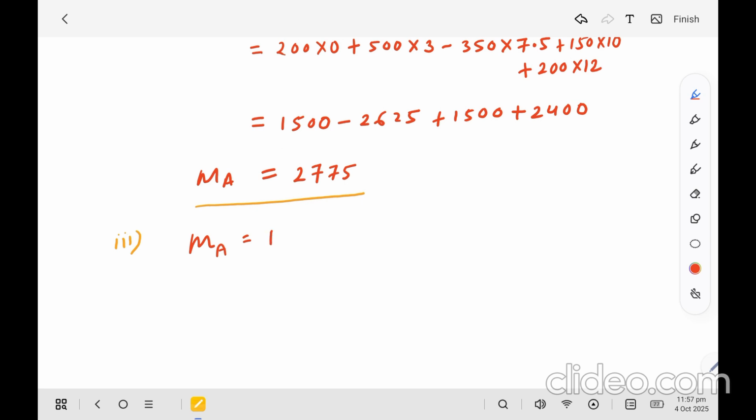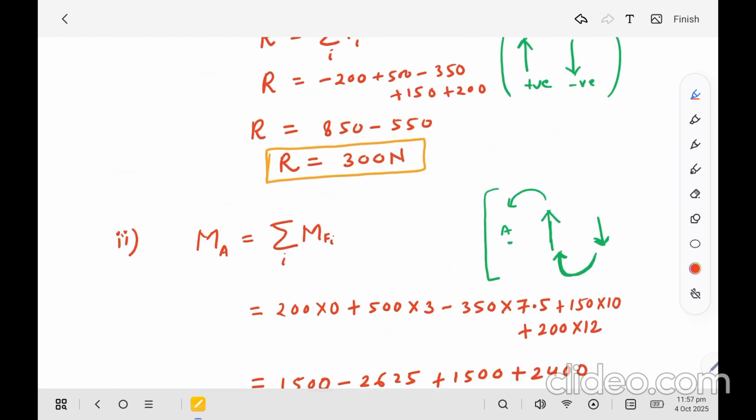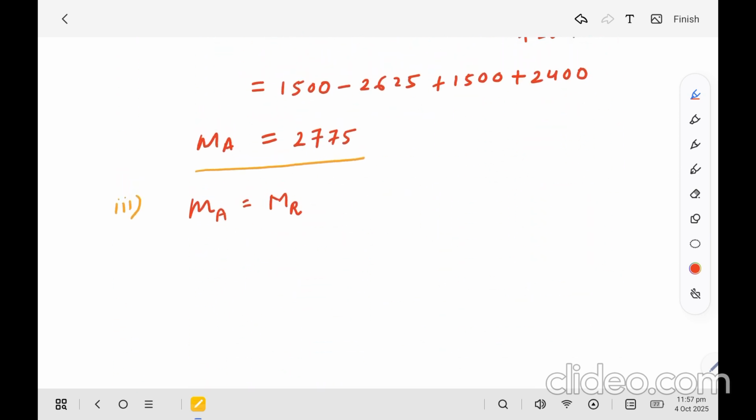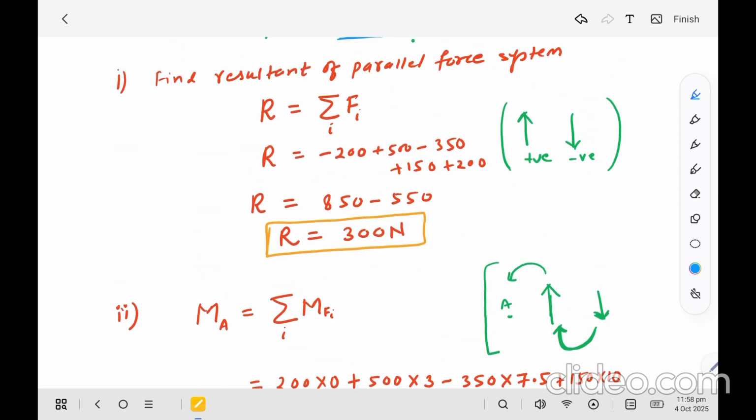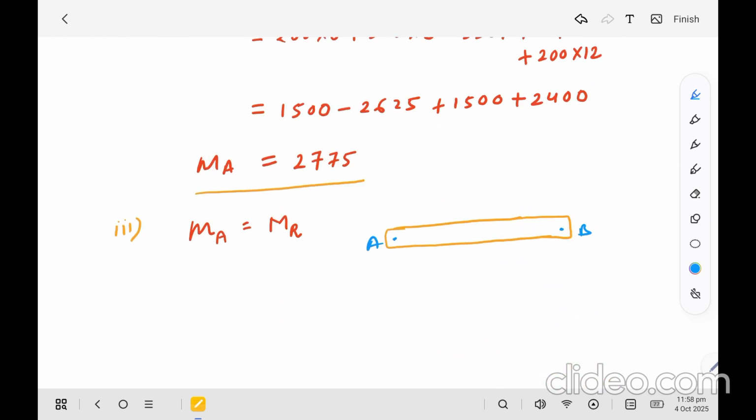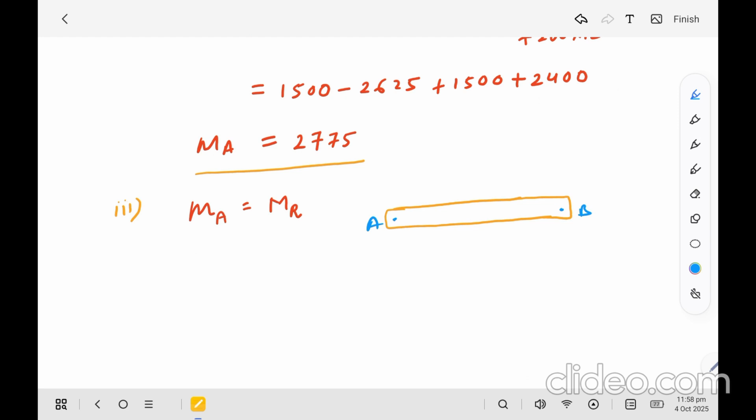MA is equal to MR. If I assume the system is this one and the point is here, this is point A, and this is point B, and the resultant R is positive, meaning it acts in this direction, and the perpendicular distance of this force to point A is D.